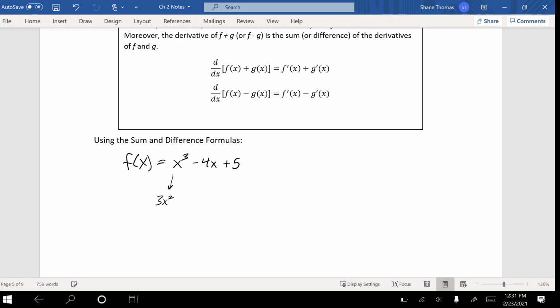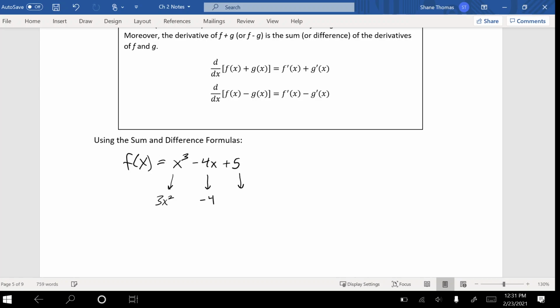Okay. Negative 4x. Still the power rule, right? You bring a 1 down in front, multiply it, and there'd be 0 up top. So really, if you just have a whole number with an x, just eliminate the x. The derivative of negative 4x is negative 4.